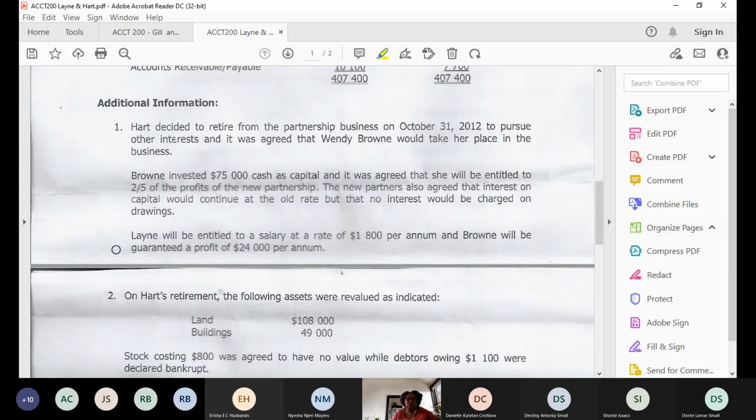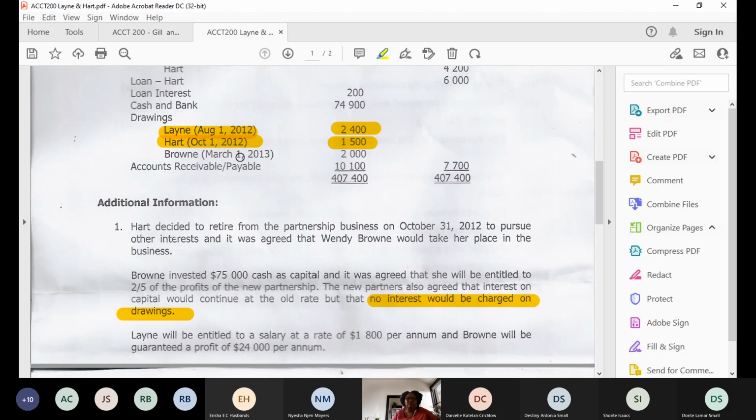Let's look at the new. Under the new agreement, it states no interest will be charged on drawings. So Brown is not getting a charge on drawings under the new agreement, but Layne and Hart will be charged interest on their drawings under the old.